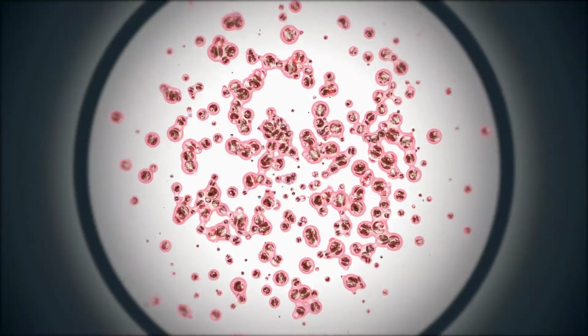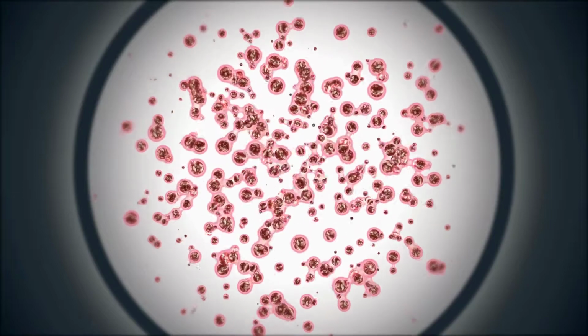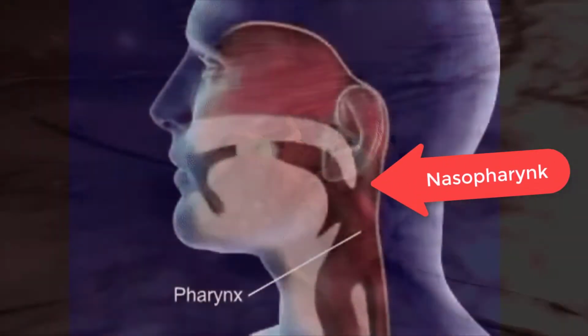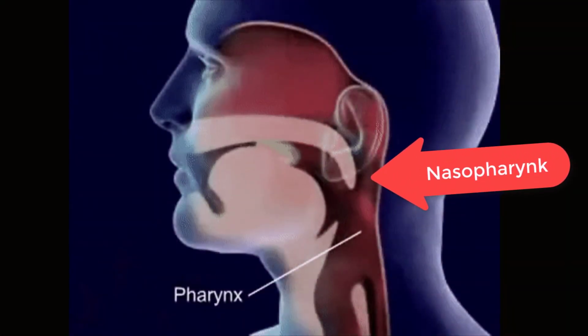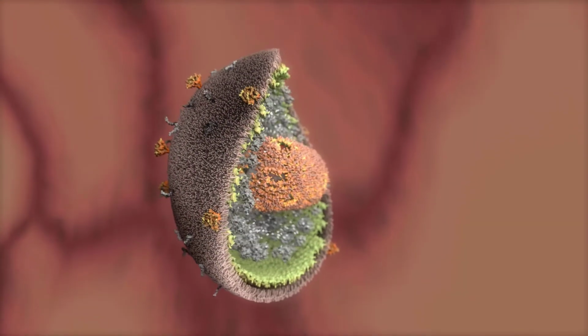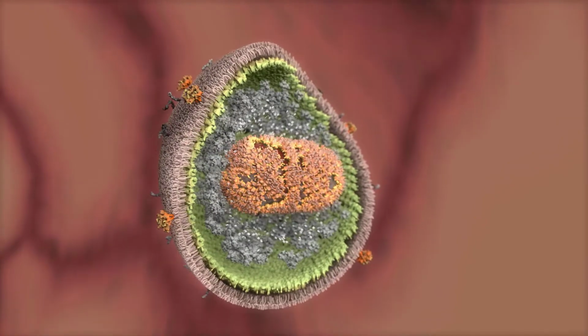Let's look at some of the normal flora or microbiota in the respiratory tract. The nose is colonized by Corynebacteria and Propionibacteria. The nasopharynx, which is the upper portion of the pharynx or throat, is colonized by Streptococci, Neisseria, and Haemophilus.